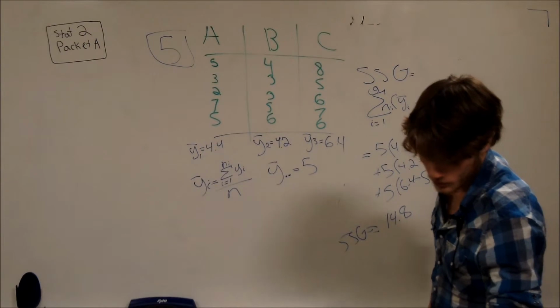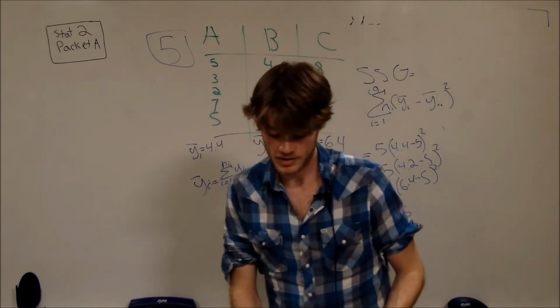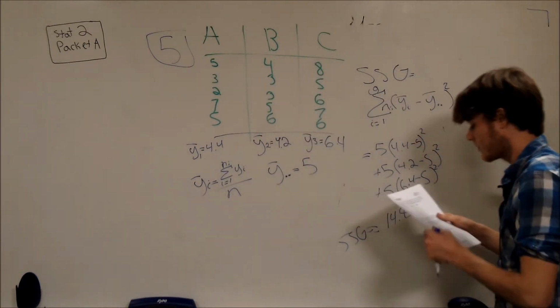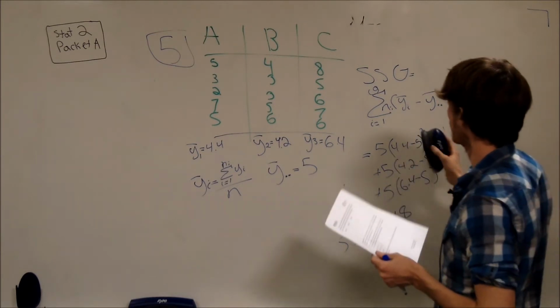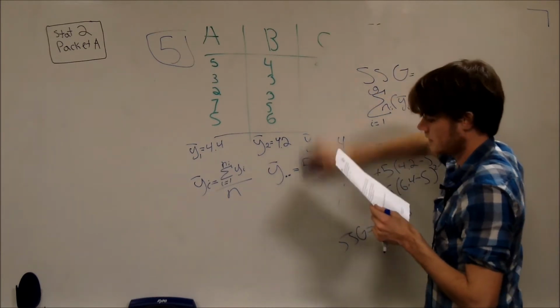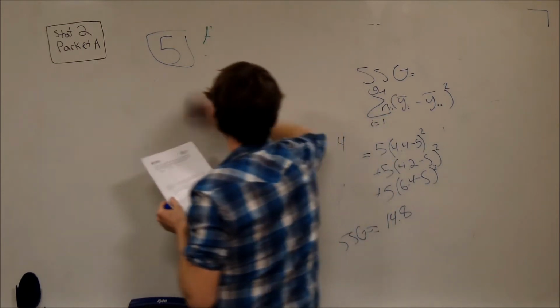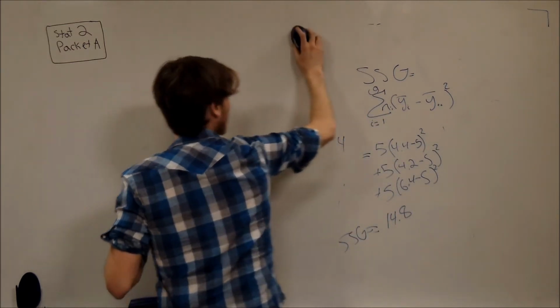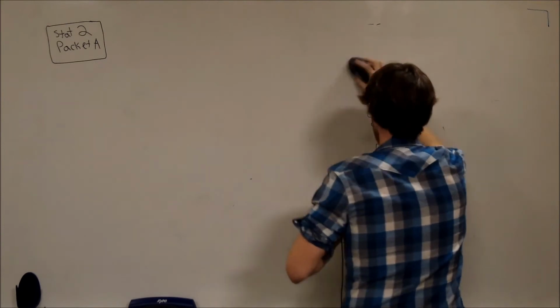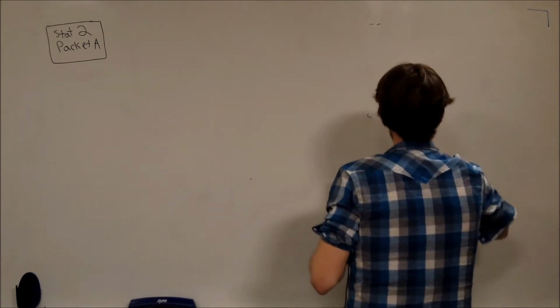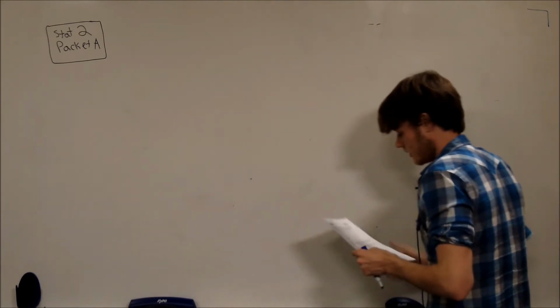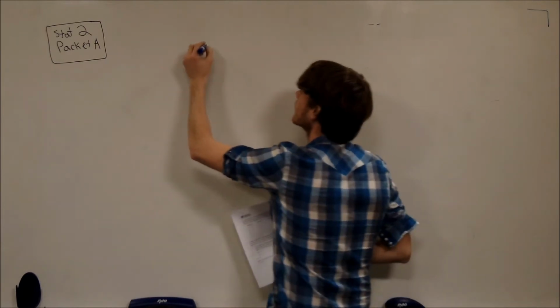So what we want to do next is find the F table. We have all the things we need to build it.